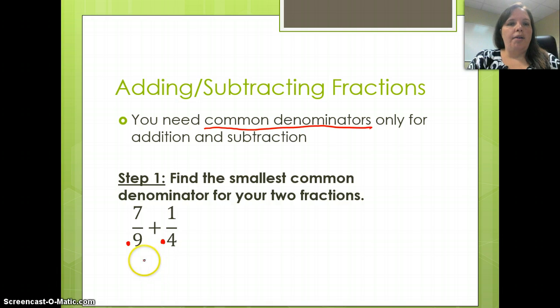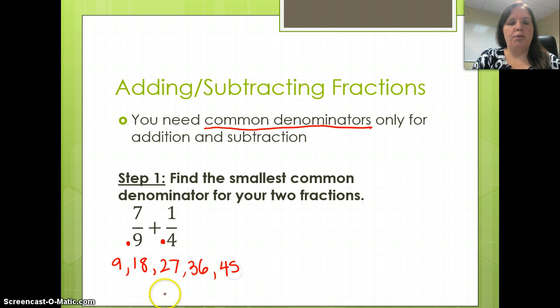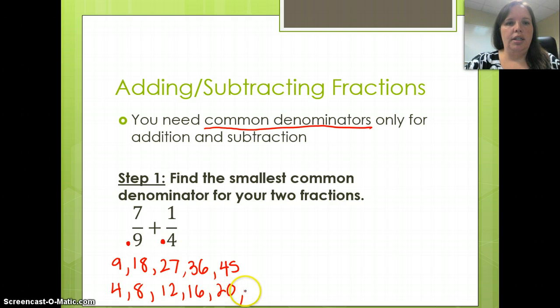So I could think of, okay, what can I turn 9 and 4 into? Or you can sit there and list out the multiples. You can use factors as well, but that would take a little bit longer. List out your multiples: my multiples of 9, my multiples of 4, and this is going to take a little bit longer, until you get to a match.